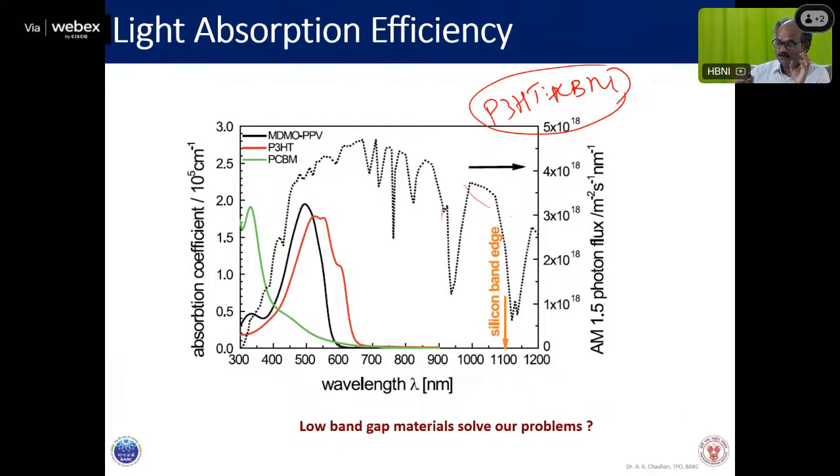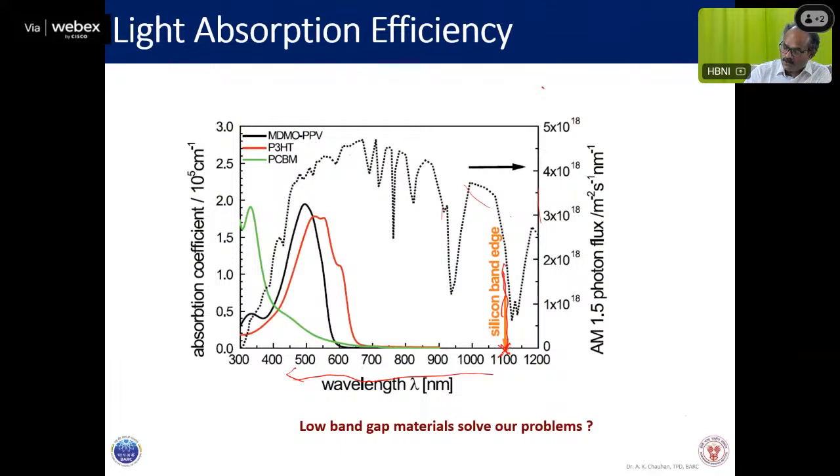So if you illuminate this spectrum onto silicon, what will happen? 1100 nanometer is typically the wavelength corresponding to 1.12 electron volt. So all energies which are more than this 1.12 electron volt, so wavelength will be lower for all of them.